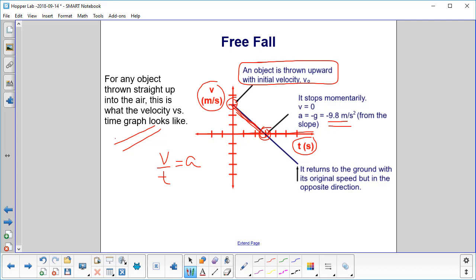Then why do we have a negative velocity here? Well, that meant the object went all the way up, hit the peak right there, and then started coming down. So that's a negative velocity. And when it finally hits the ground, it has the same magnitude of velocity as when it started, just in a different direction.